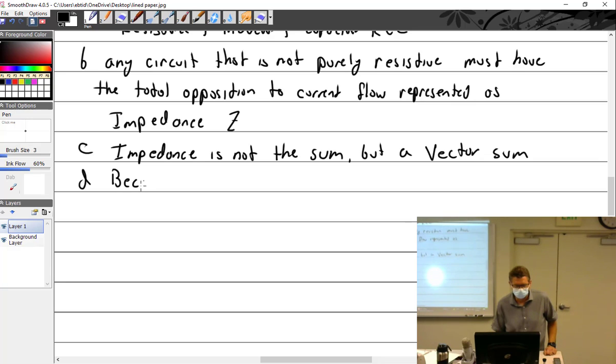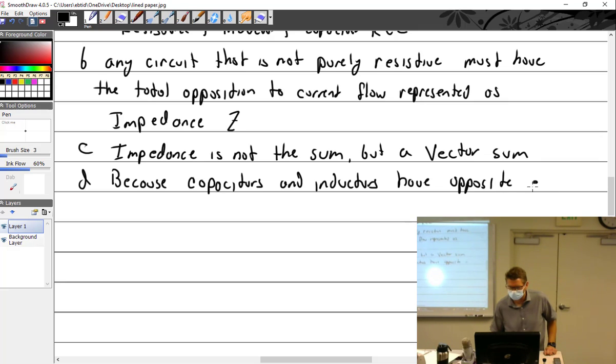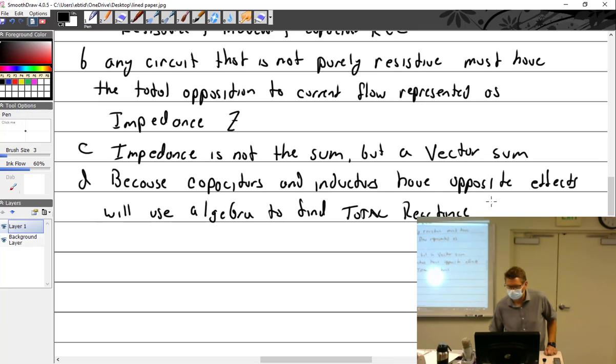Because capacitors and inductors have opposite effects, we will use algebra, and don't let that scare you, to find total reactance for a CL circuit.